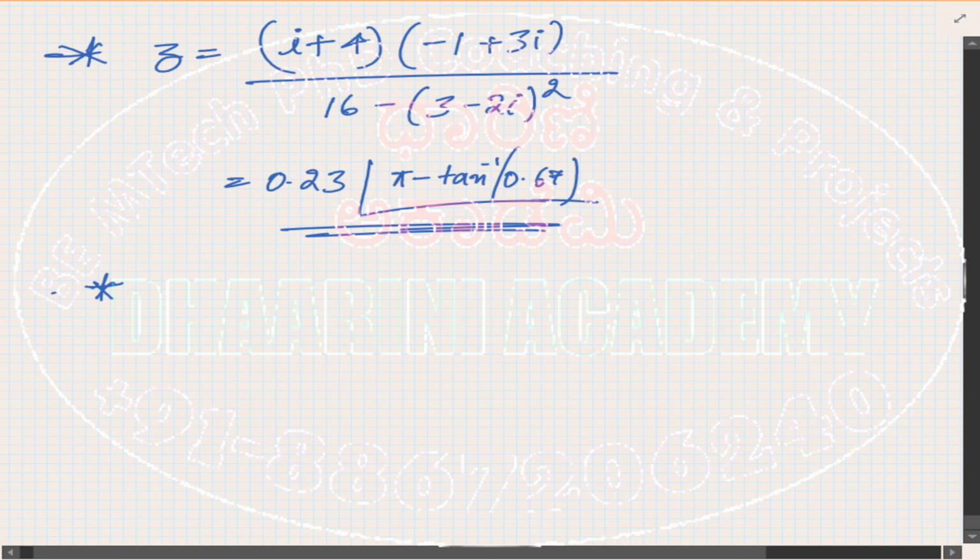Right. Now we'll look at some of the properties of this modulus function. Properties of the modulus or the magnitude.